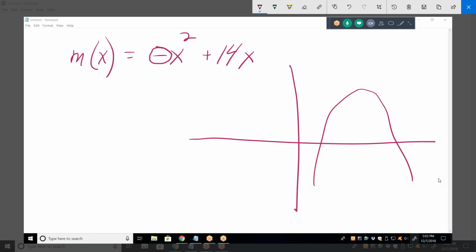Okay. Now, their question is, what's the maximum amount of mosquitoes, right? Well, at what point on that parabola are we talking the maximum amount of mosquitoes? It's the vertex, is it not?